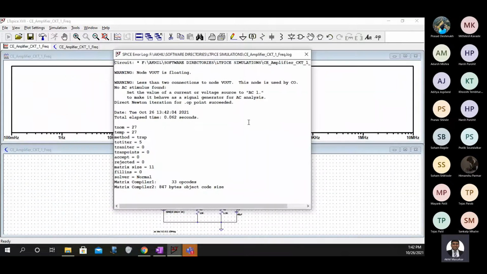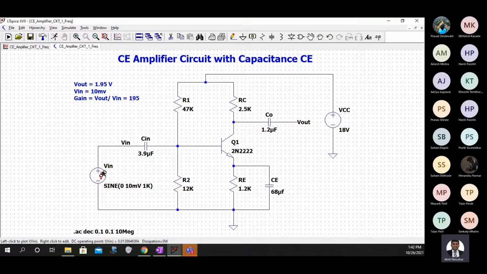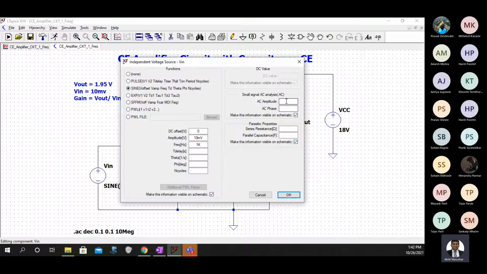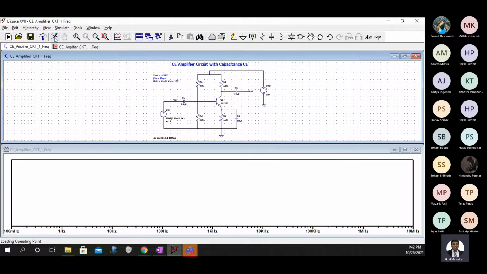Here it says V out is floating. Another adjustment you have to do is to write amplitude as 1. Here you will write none, and here you will write amplitude as 1. That's it.